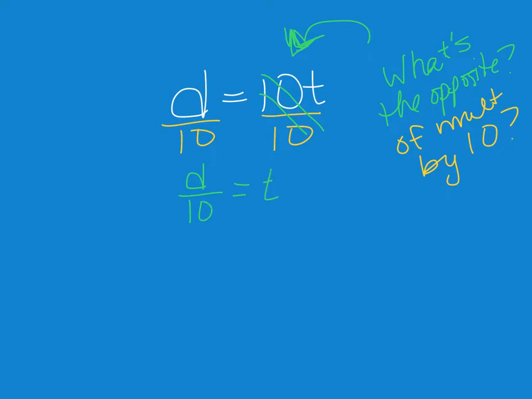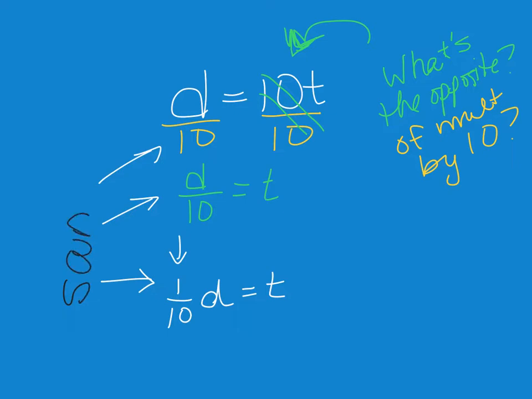And we also remember that dividing by 10 is the same as multiplying by 1/10. So we could also say that 1/10 d is equal to t. All three of these actually mean the same thing. We've just represented them in different ways.